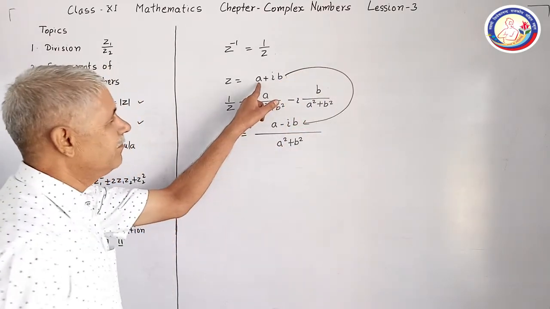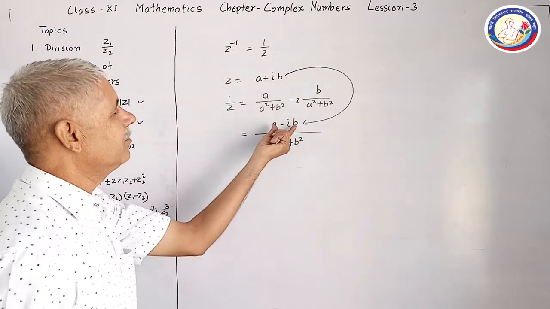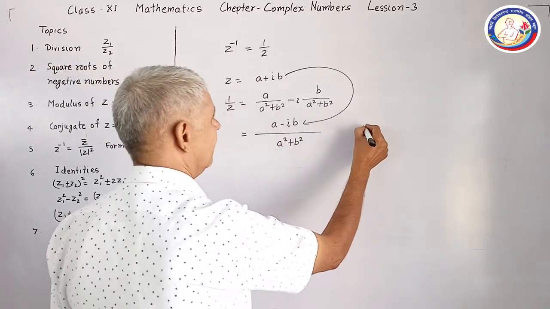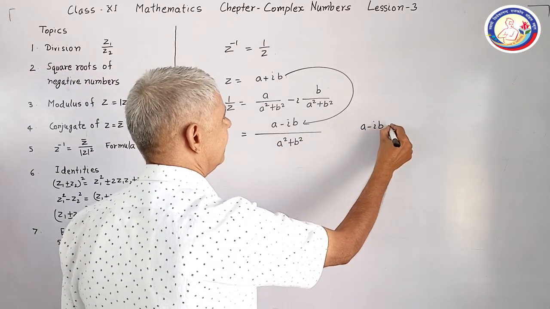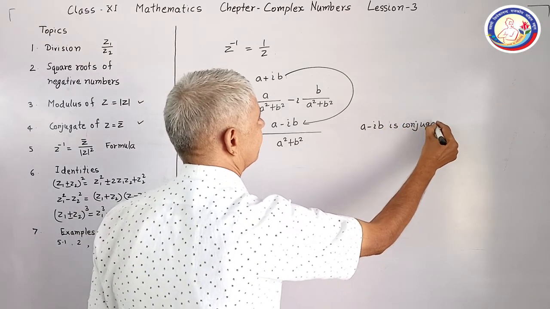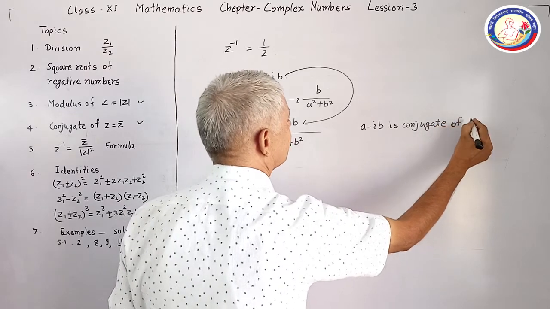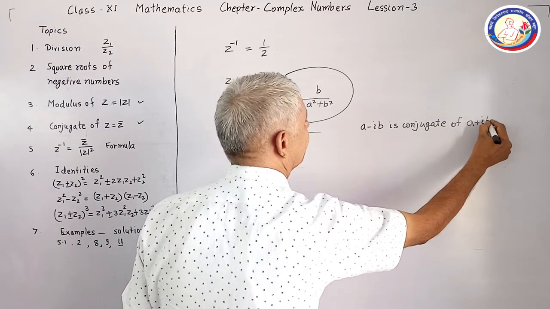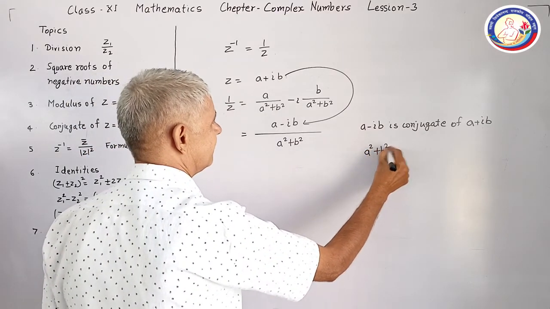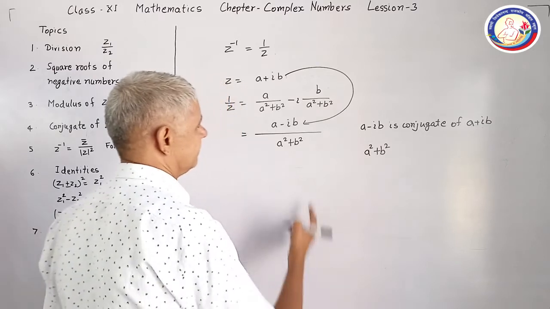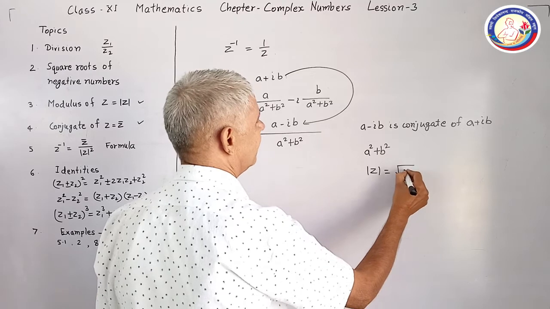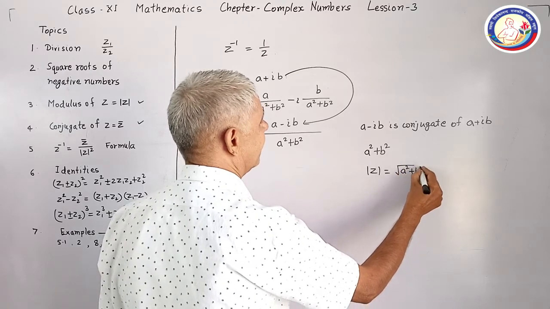See, the number is a plus iota b, its conjugate will be a minus iota b. So, a minus iota b is the conjugate of a plus iota b, and a square plus b square. Remember, modulus of z here will be square root of a square plus b square.